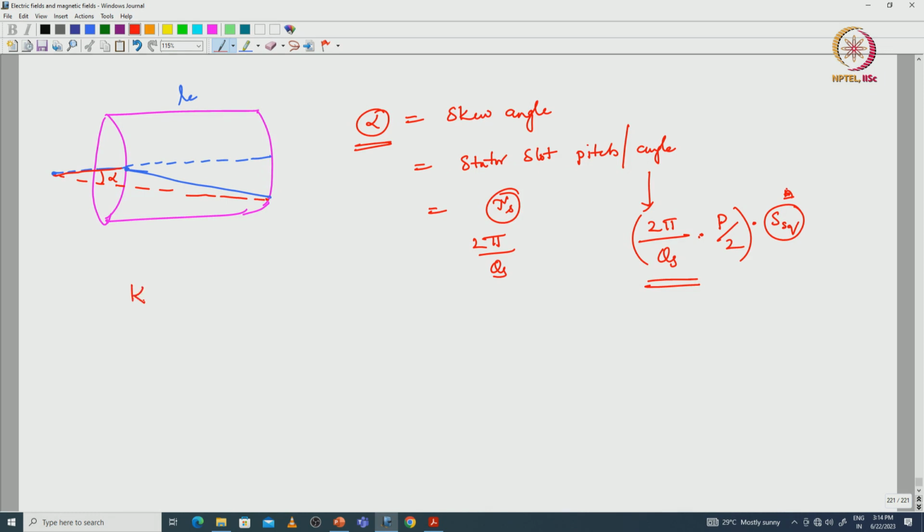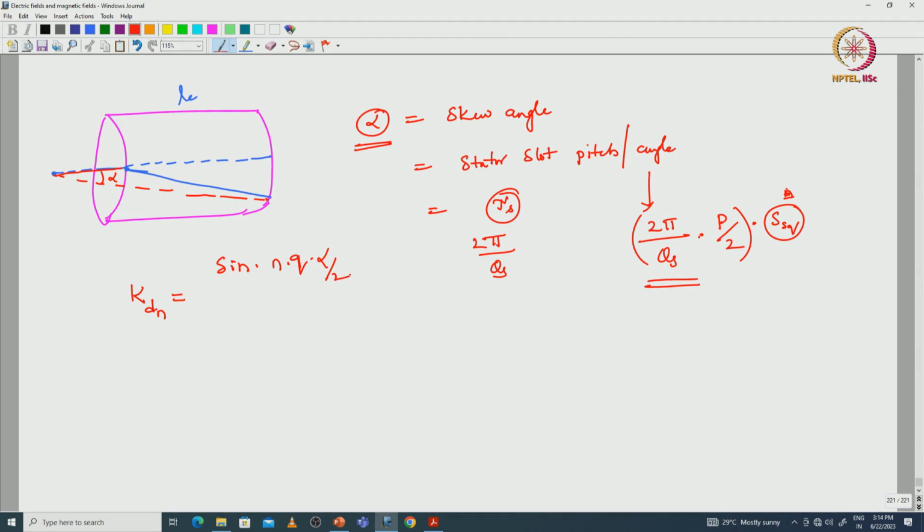Now, the distribution factor or skewing factor for the rotor side KDN is equals to, with respect to the equation 1, sin n into beta into n into q into alpha by 2.